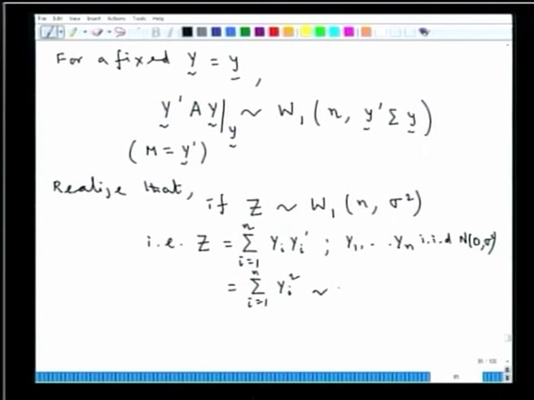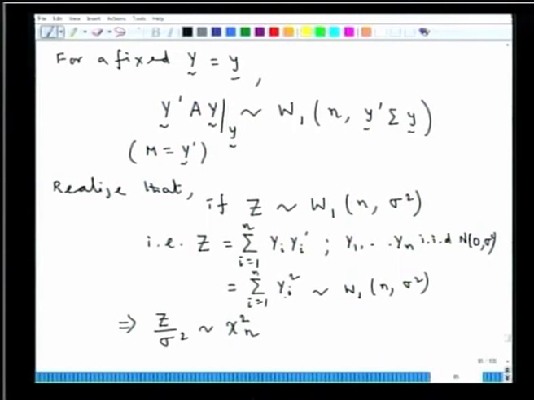So this follows Wishart(1, n, σ²). But independently, looking at this summation of yi squared, each of these yi's is normal(0, σ²) and they are independent. So this z, which is the summation of yi squared, divided by σ², will follow a central chi-squared distribution on n degrees of freedom, because z divided by σ² is nothing but the summation of yi squared by σ².